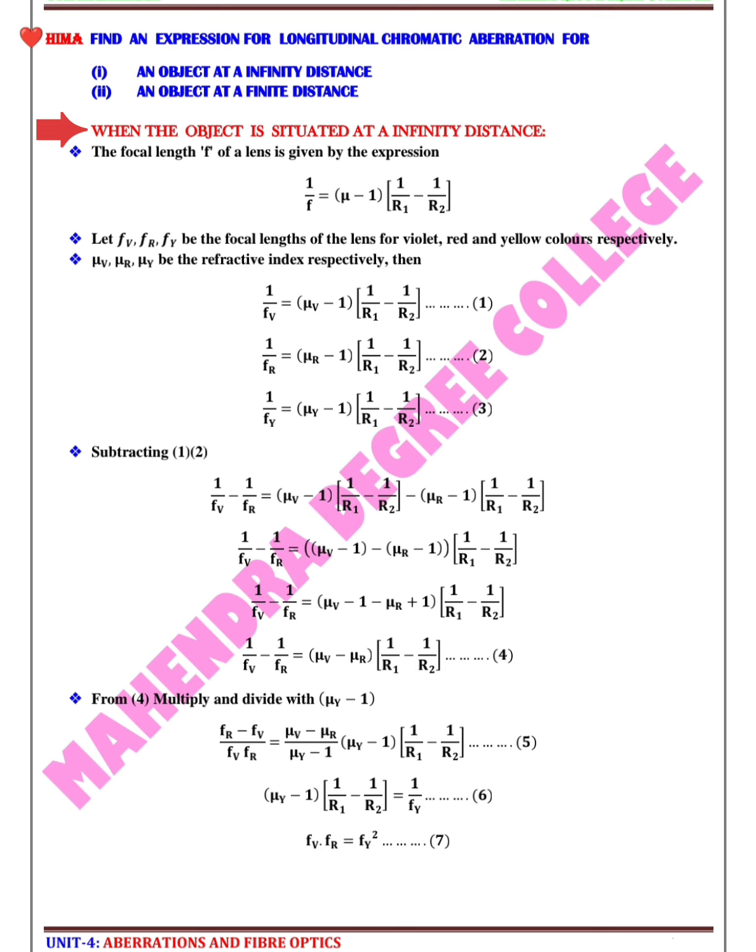So, to derive the relation for longitudinal chromatic aberration of a thin lens when the object is situated at infinity. When an object is placed at infinity, the light rays entering the lens are parallel. Because the lens bends different colors of light differently, they come to focus at different points along the optical axis.